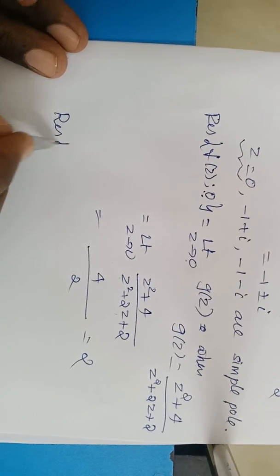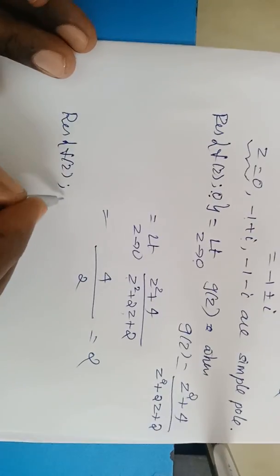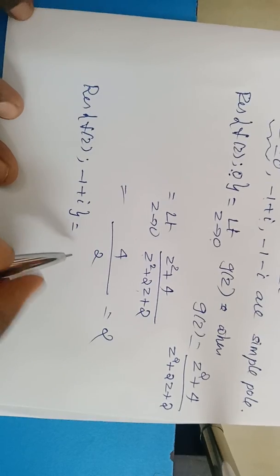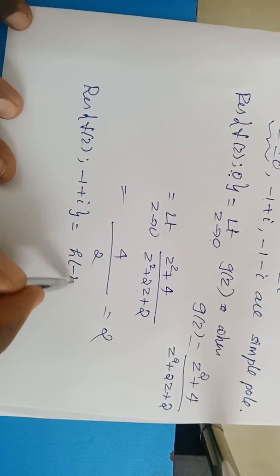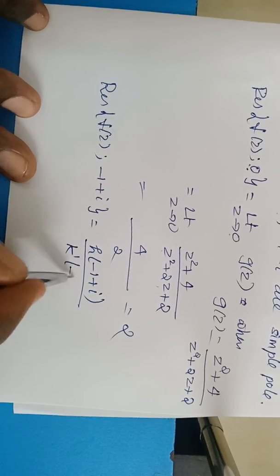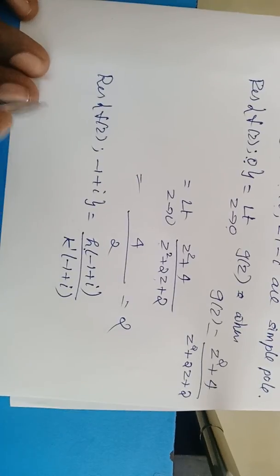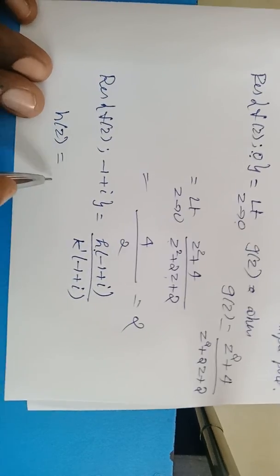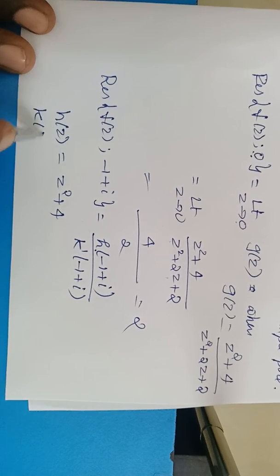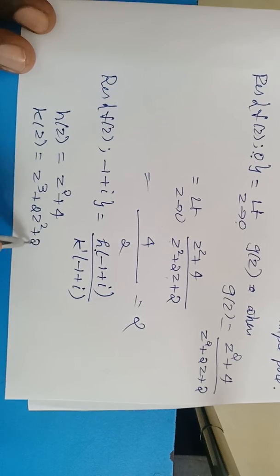Next, the residue of f of z at the point minus 1 plus i. Let me use method 3: h of (minus 1 plus i) divided by k dash of (minus 1 plus i), where h of z is the numerator z square plus 4, and k of z is the denominator z cube plus 2z square plus 2z.